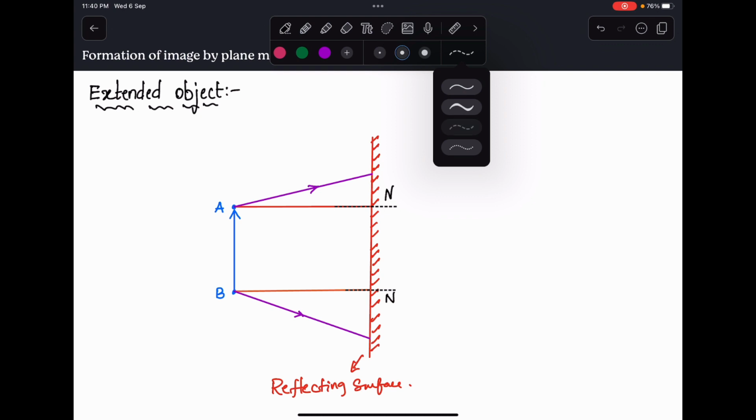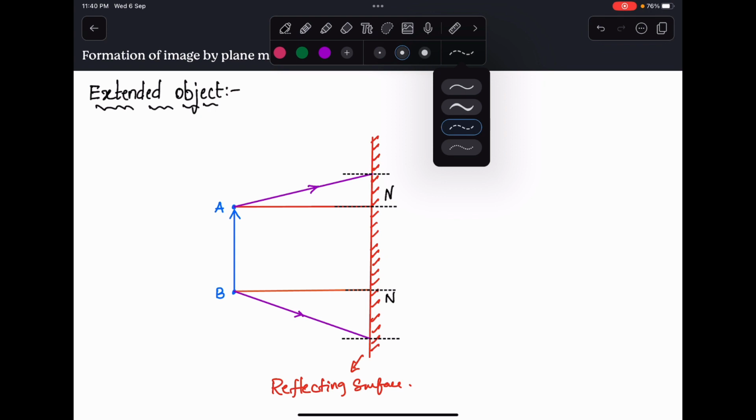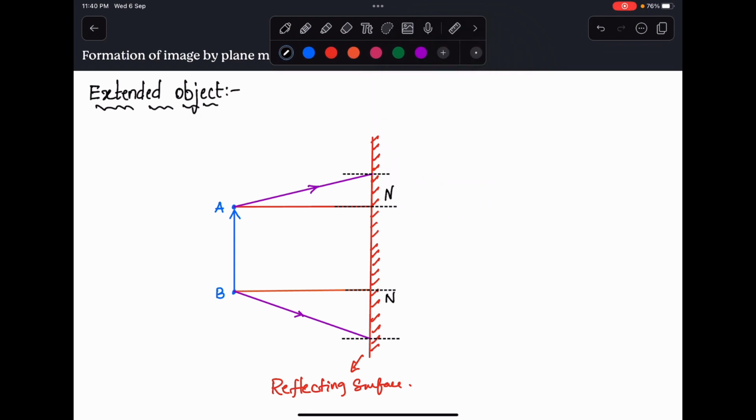At those points of incidence, if I draw a normal, it is going to be like this. Exactly, this is your normal. And similarly here also, this is your normal. And as usual you know what to do, right? You will be measuring the angle of incidence as well as the angle of reflection. So this is your angle of incidence I1, and for this one the angle of incidence I2.